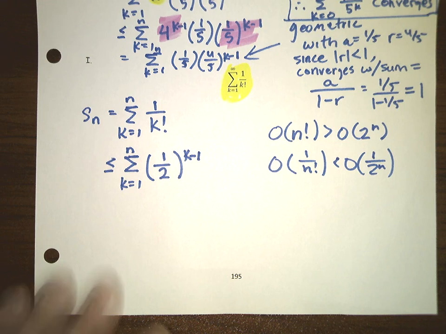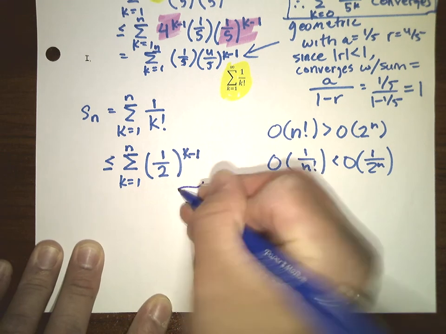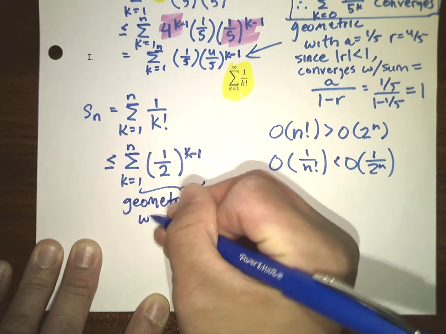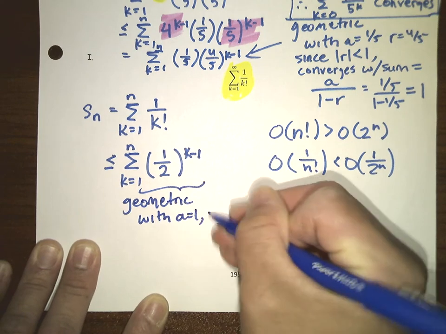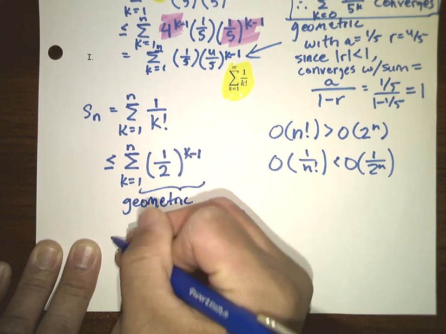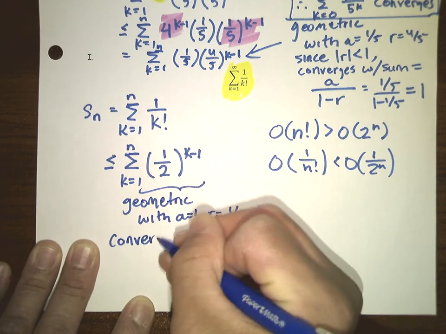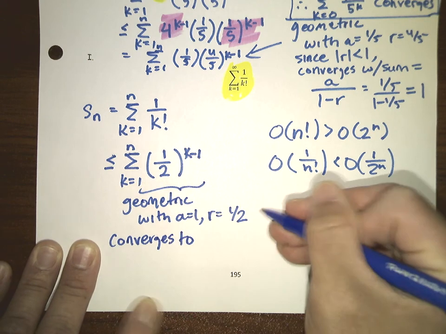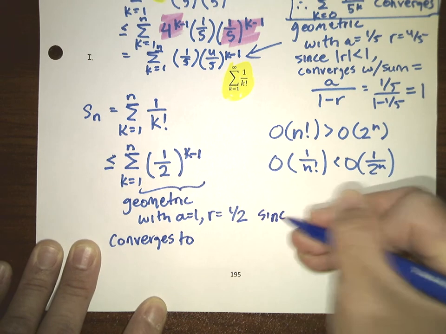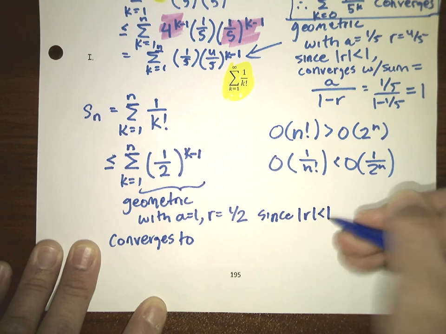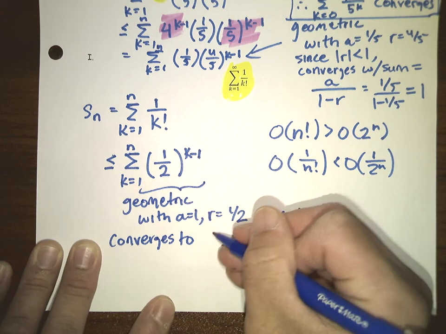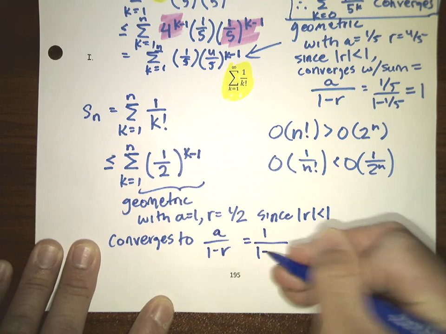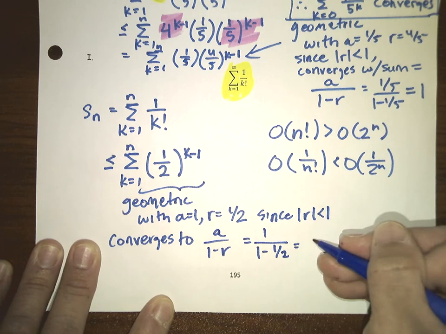So now this is definitely geometric, with a equal to 1 and r equal to 1/2. So this converges. Now remember that since the absolute value of r was less than 1, this converges to a over 1 minus r, or 1 over 1 minus 1/2, so that will be 2.